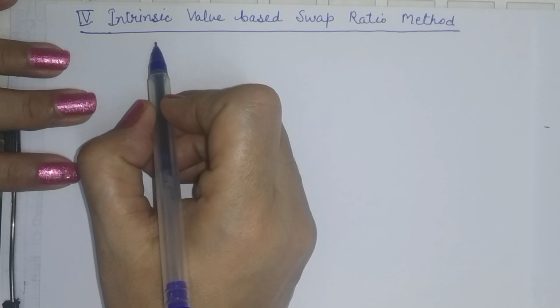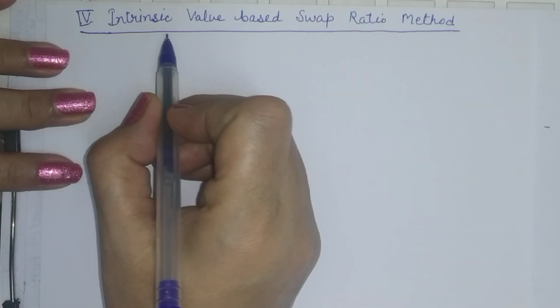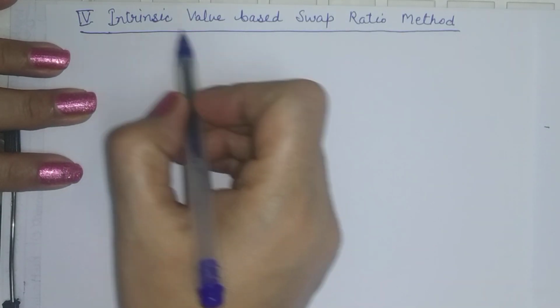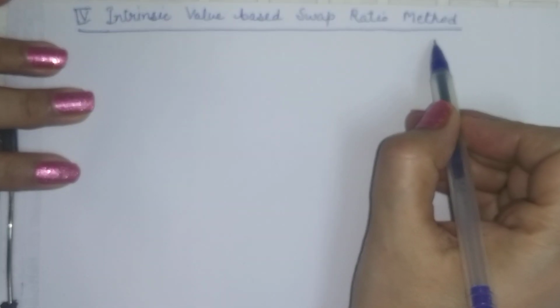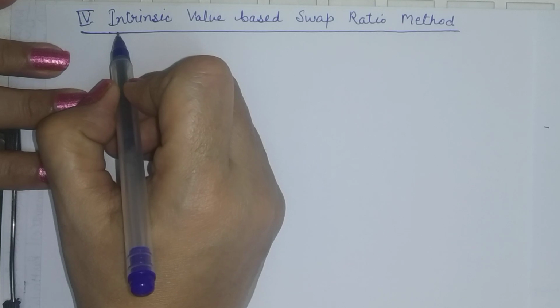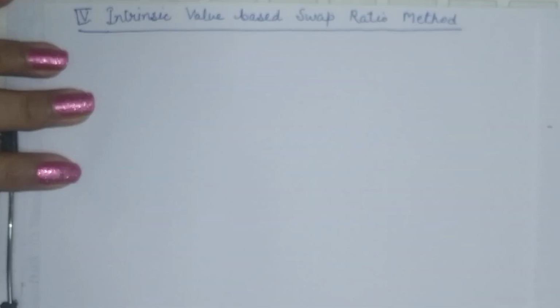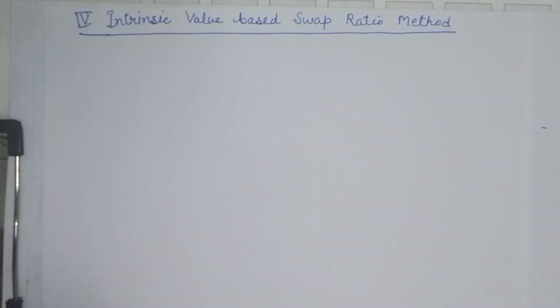Today we will be understanding the last method of calculation of purchase consideration, that is the intrinsic value based swap ratio method. Now the name includes two things. Number one is that it is a swap ratio method.